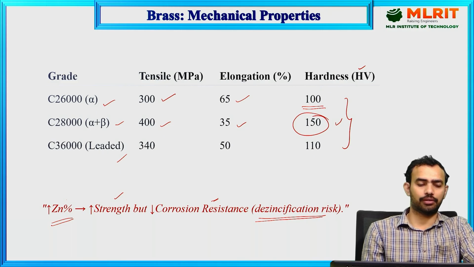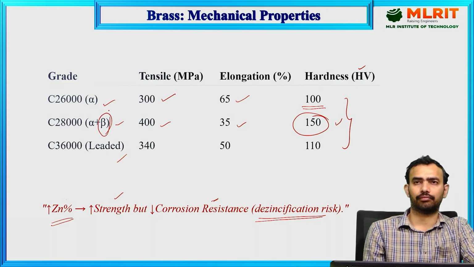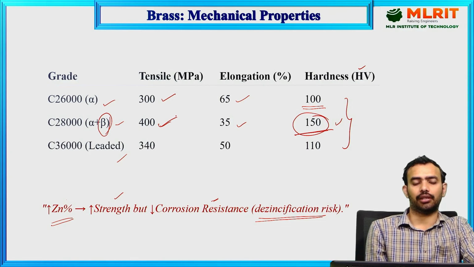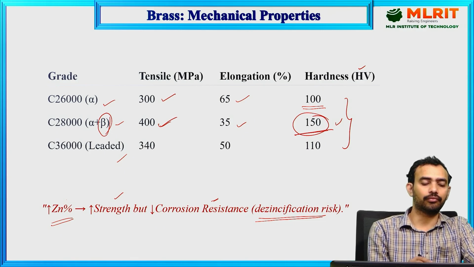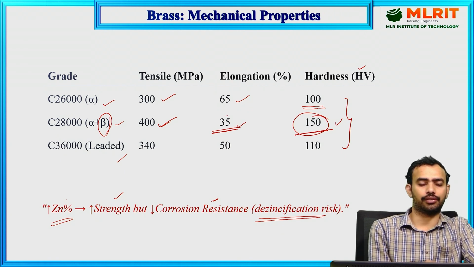That comes from the hard beta phase, which is shooting up the hardness value. Interestingly, strength is also increased here, but on the contrary, ductility or elongation goes down.